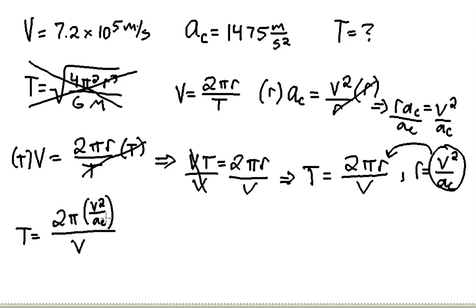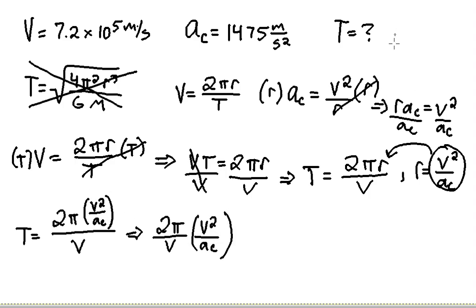So there's two things you could do right now. We could simplify this algebraically, or we could just start plugging numbers in. Since we have such large numbers to work with, I think it's best that we simplify things algebraically. So let me rewrite this as 2 pi over v multiplied by v squared times a sub c. I'm just multiplying this. Instead of putting this in the numerator, I'm putting it off to the side.